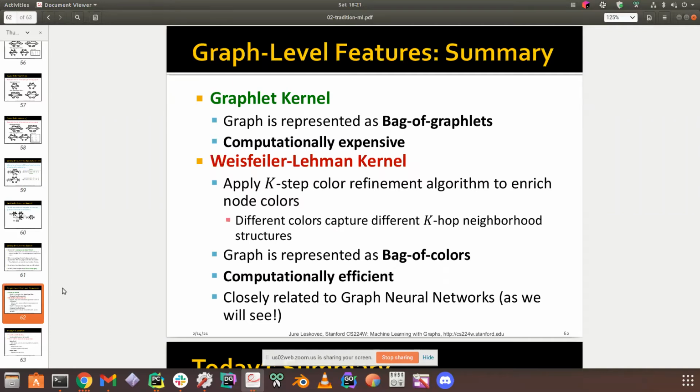The number representation is basically a sum of all your neighbors' features. Then for the graph you count how many nodes of each color or number there are, and graph neural networks actually have a very similar idea, this message passing propagation thing.